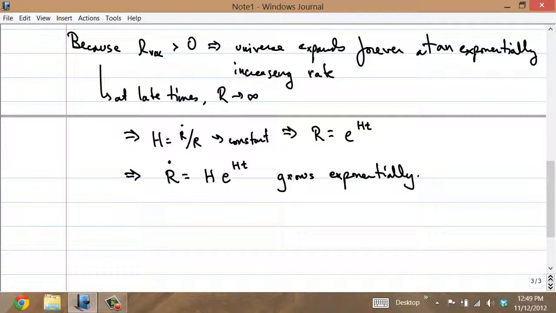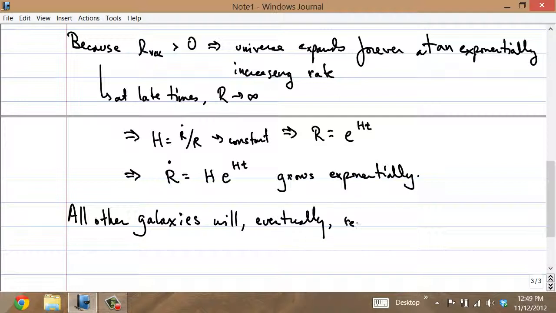And so if we were to wait here in our Milky Way galaxy, looking out at the night sky for another 100 billion years, eventually all other galaxies will be receding away from us faster than the speed of light. So in particular, they will be causally inaccessible.